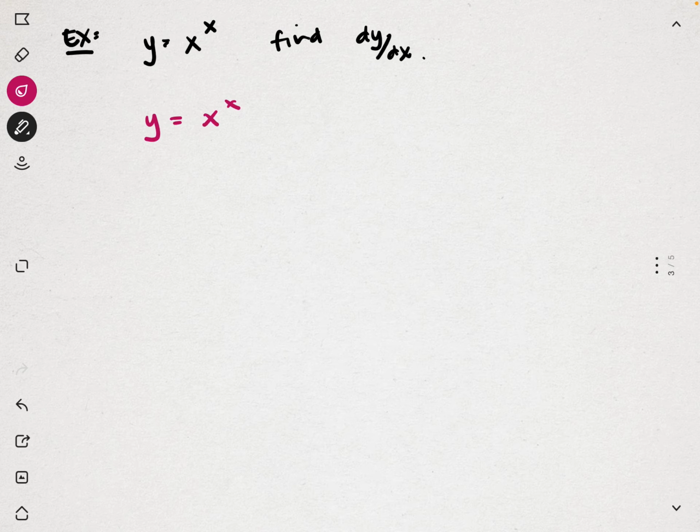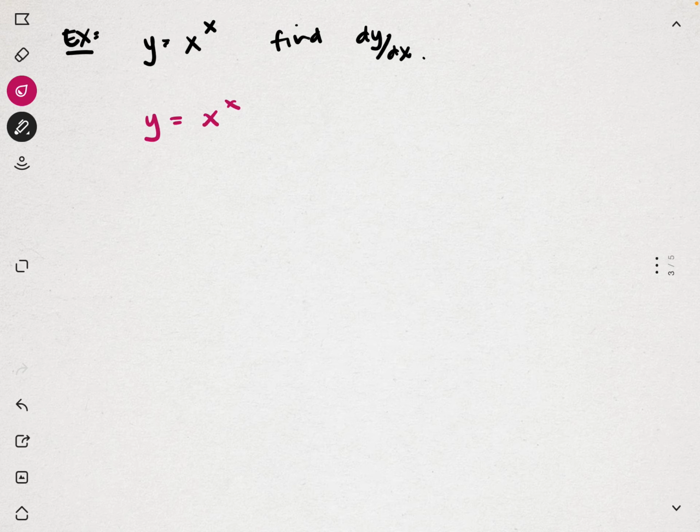It's not going to be a chain rule because we have an x and then an x again. It's not going to be a product rule because they're not multiplying. Definitely not a quotient rule. So there's no rule that governs this thing right here, but we can use some algebra. So let's go ahead and do that first.